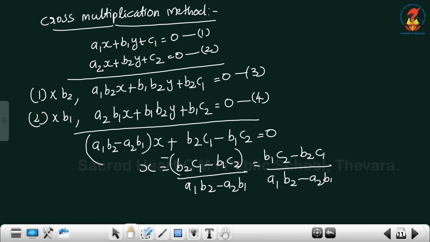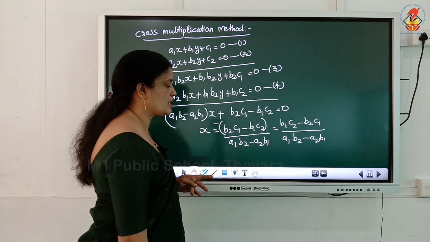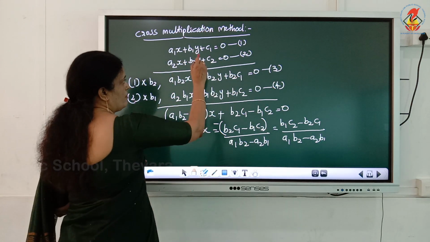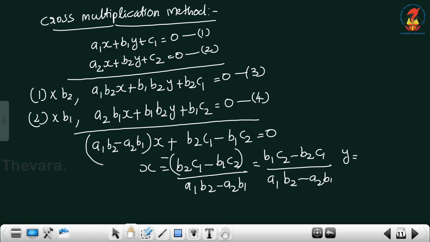Substitute x is equal to b1 c2 minus b2 c1 divided by a1 b2 minus a2 b1 in equation number 1. You will get the y value also, y equal to c1 a2 minus c2 a1 divided by a1 b2 minus a2 b1.